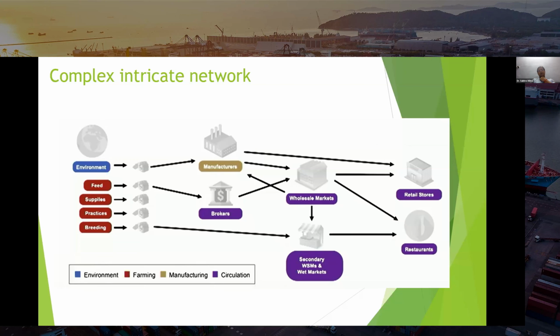There have been efforts in different parts of the world so that these brokers and middlemen can be eliminated, and the farms get a better picture of the supply chain, so that they can send their product directly to a processing plant, which in turn can send it to the retailers.